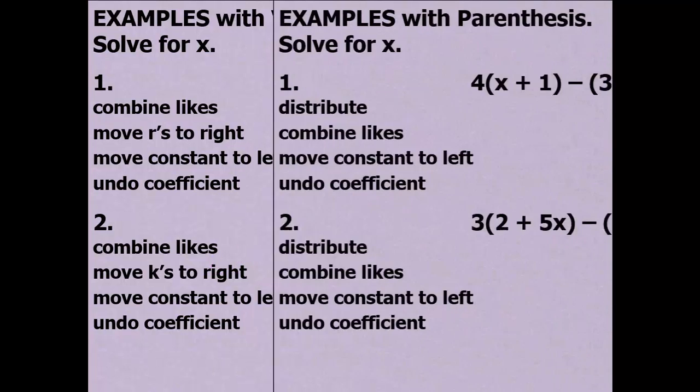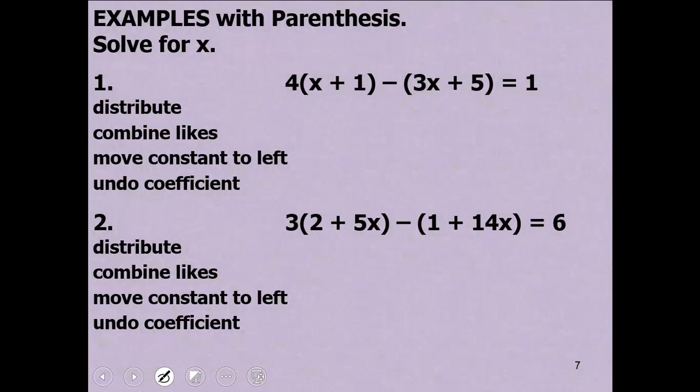Here we go. Examples with parentheses. Before we start combining or moving, we're going to distribute. Notice, and this is a little bit trickier, the 4 is very apparent. I've got to distribute the 4 times everything inside the parenthesis.